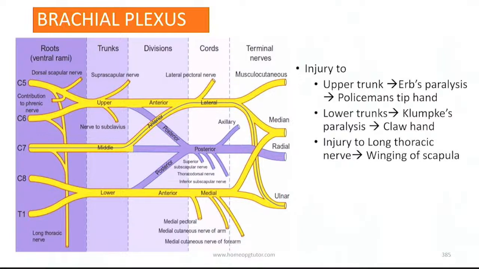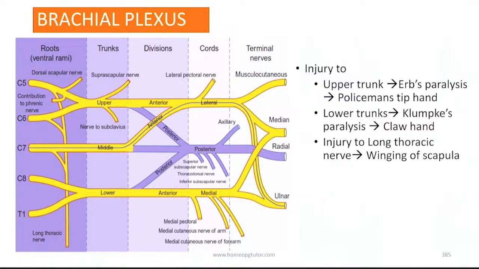So we know from C5 to T1 we have our brachial plexus, right? C5 to T1. The anterior roots of these spinal nerves join together to form this brachial plexus.